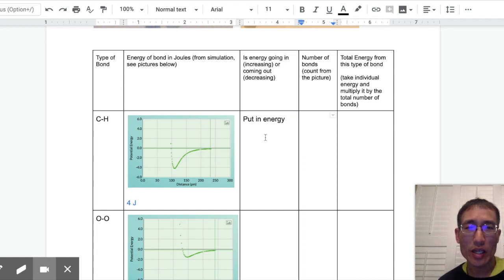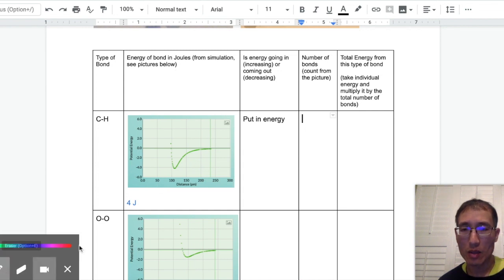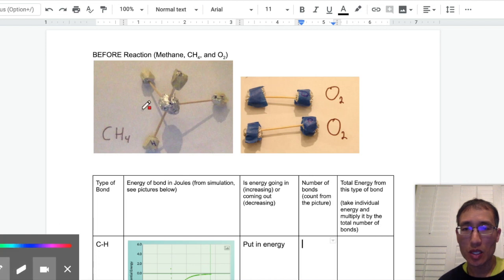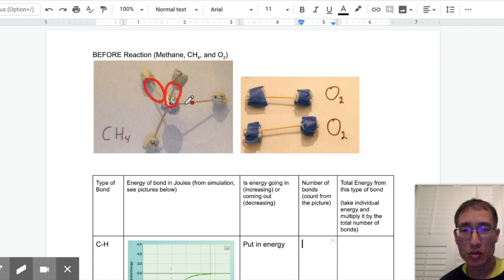And now I have to figure out how many bonds that is. I'm going to look at the picture here. CH4 has 1. This is a CH bond. This is 2, 3, 4.